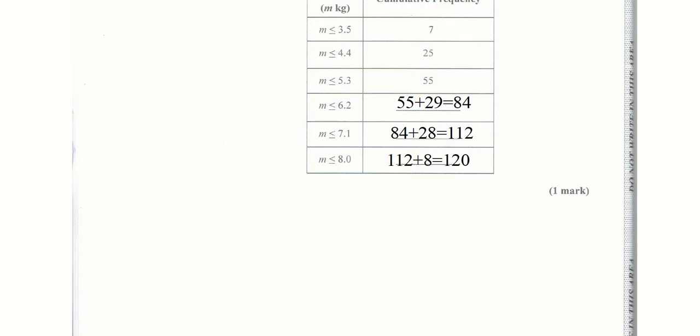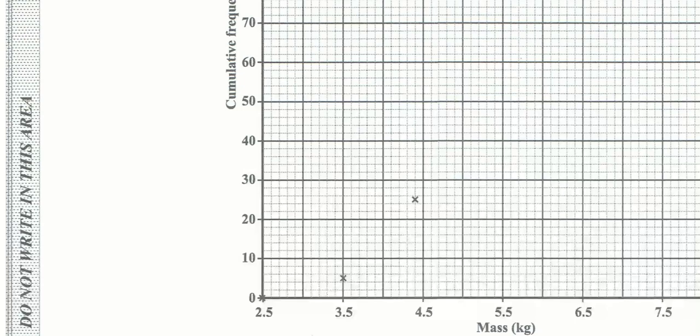So you would take this dot. 5.3 is 55. If you look at this, 55 is in between here, and 5.3 would be, this is 5, 5.1, 5.2, and 5.3. So that's why this point is here.